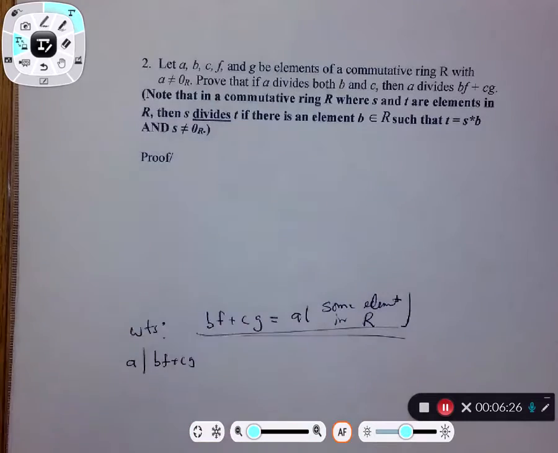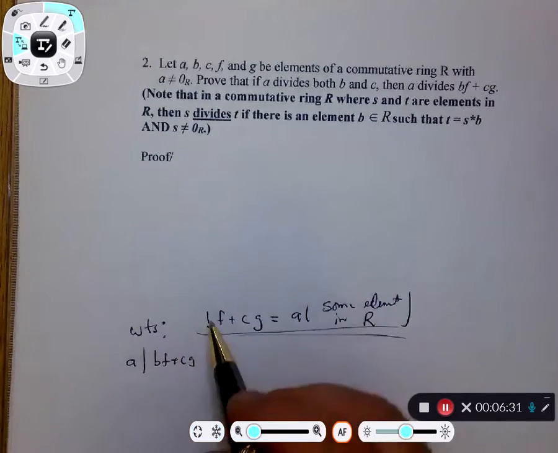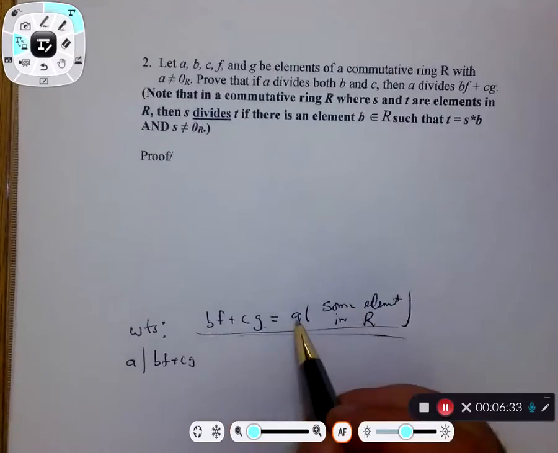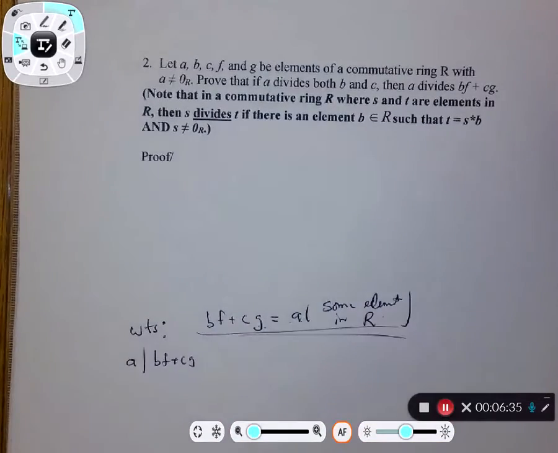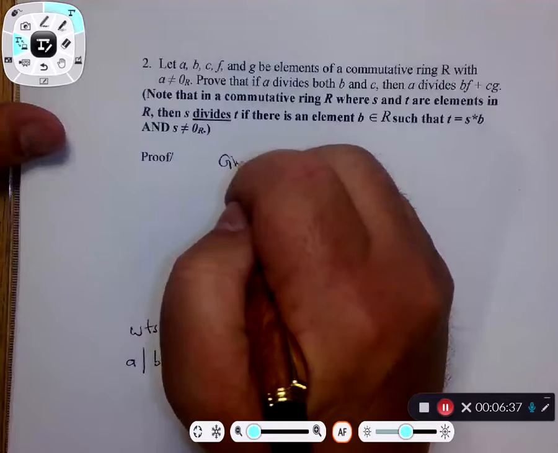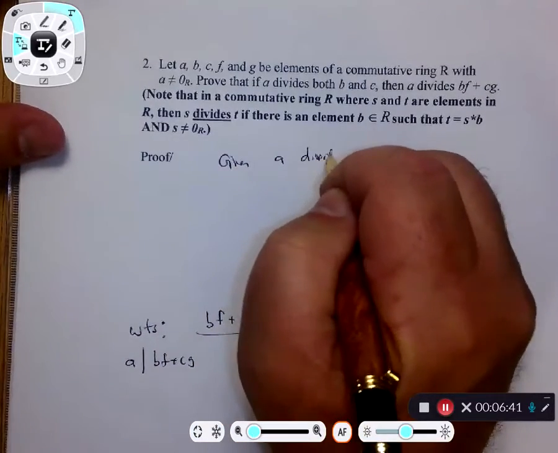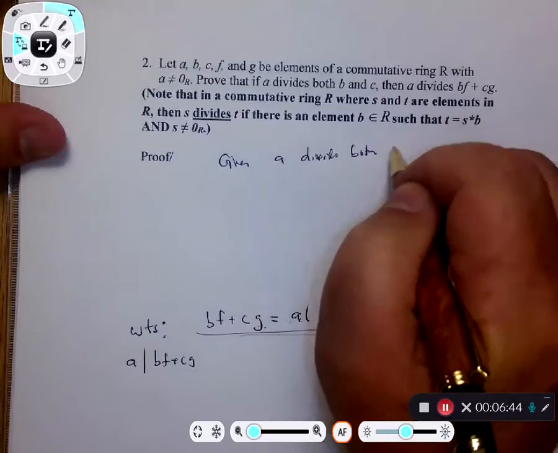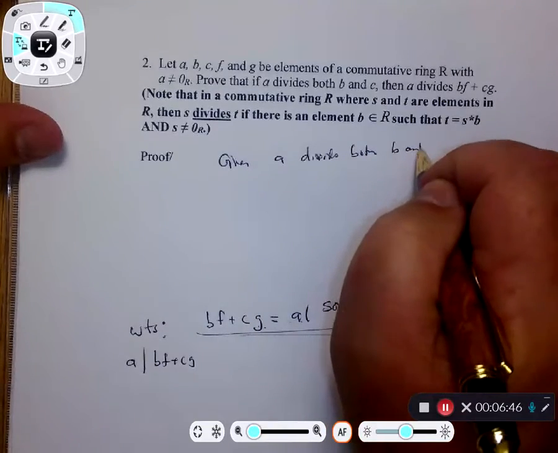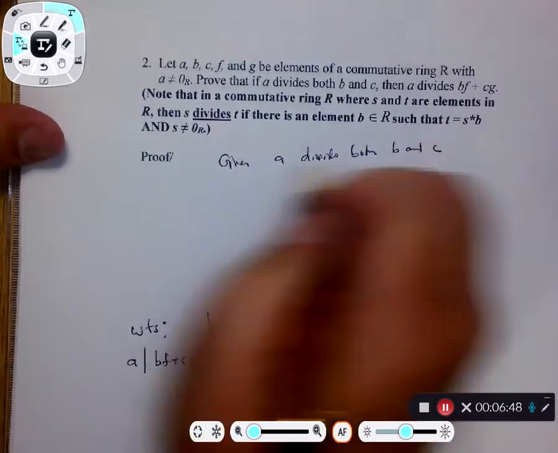Again, this is my scrap sheet of paper that I'm working on here. This is what I want to show. A divides BF plus CG, which means I want to show BF plus CG equals A times some element in R. Well, what are you given? You're given that A divides both B and C. What does that mean?